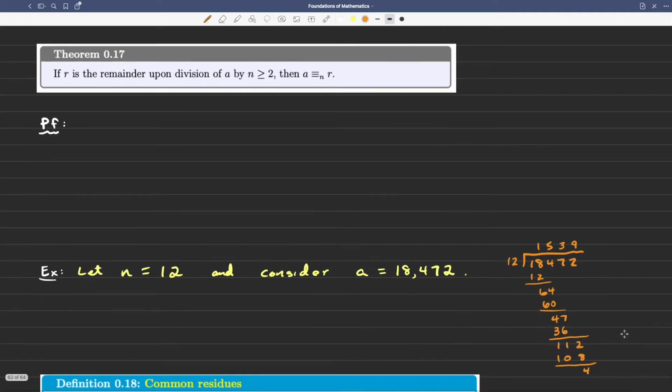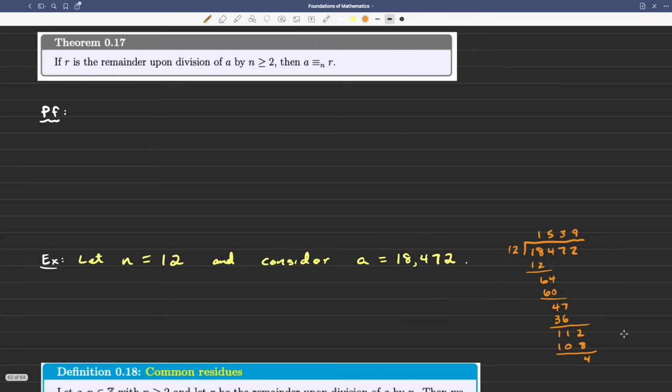So that's our remainder there, 4. What this previous theorem tells us is something quite nice. From long division, we just found out that 18,472 is congruent mod 12 to 4. If I were thinking about this as a position on a clock, the number 18,472 is in the 4 o'clock position.